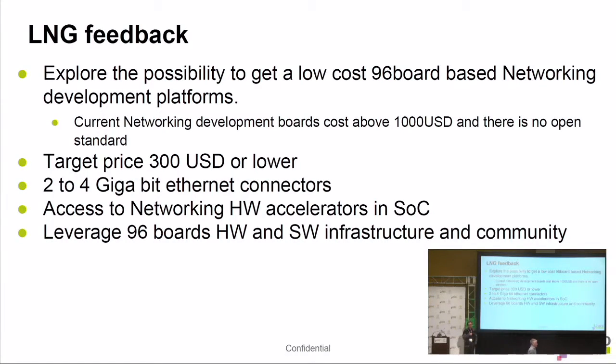So the first feedback is from the networking group. Here you see also the difference in cost. The networking group is looking at a development platform, again around $300. Their first requirement is that they need 2 to 4 gigabit Ethernet connectors, and they need access to the hardware accelerators in the SoC.